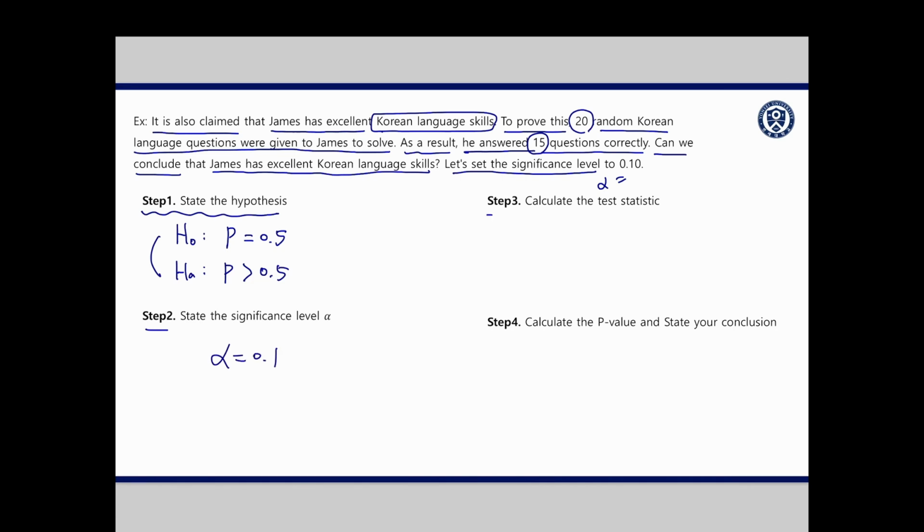The step 3 is to calculate the test statistic. Okay, the test statistic x equals 15, and under the null hypothesis, that is when H0 is true, x follows a binomial distribution with n equals 20 and p equals 0.5.